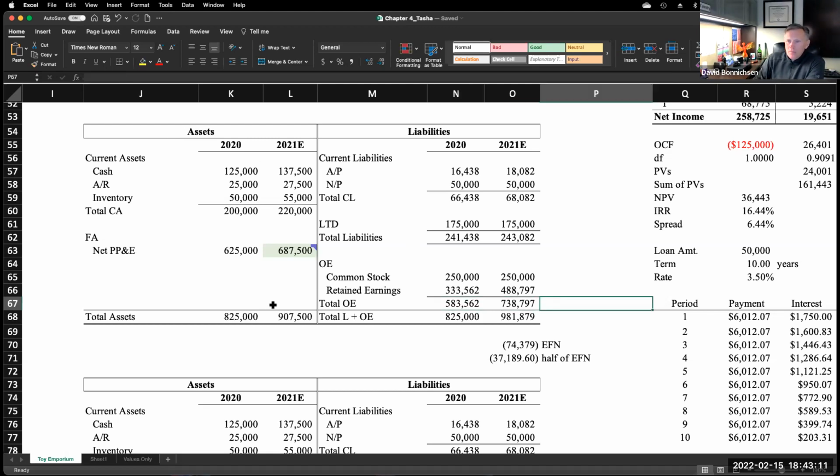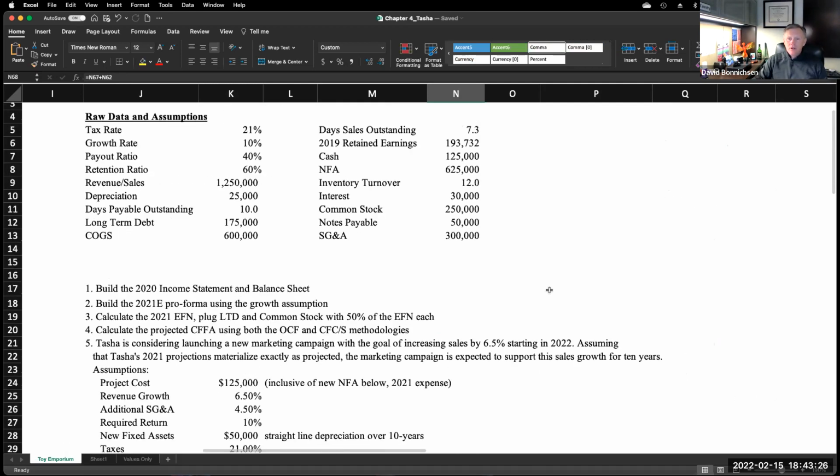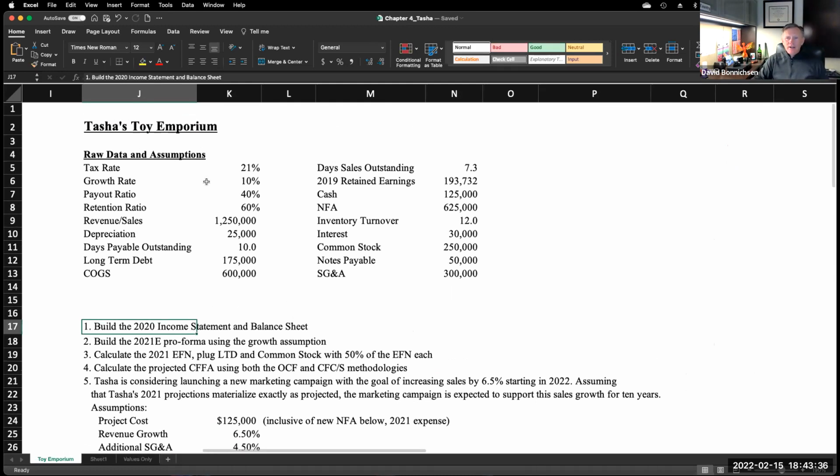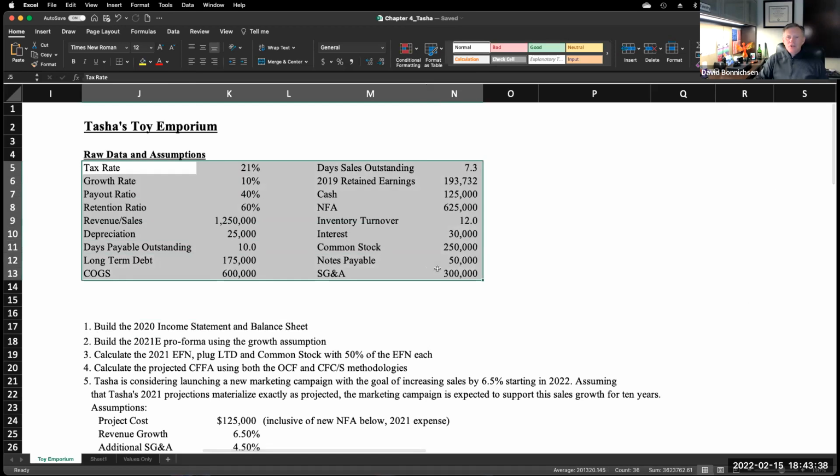So when we do all the math, we can see we're balanced on both sides, so our balance sheet is correct. We're done with the income statement and the balance sheet for 2020. That kind of answers question number 1 for Tasha. We built the 2 financial statements with the data that we were provided within the assumptions table.